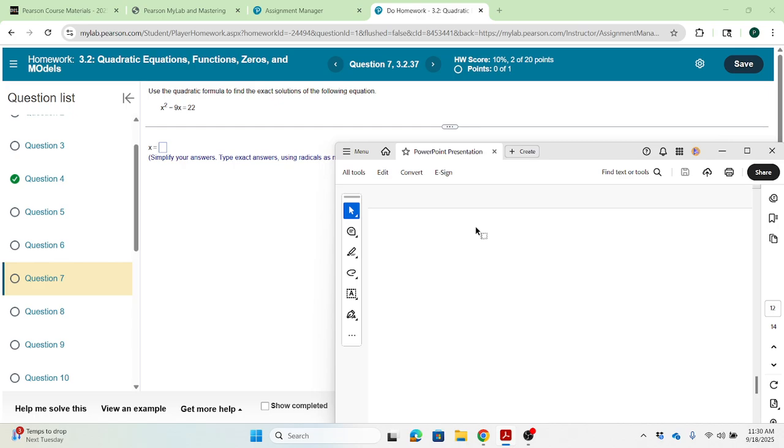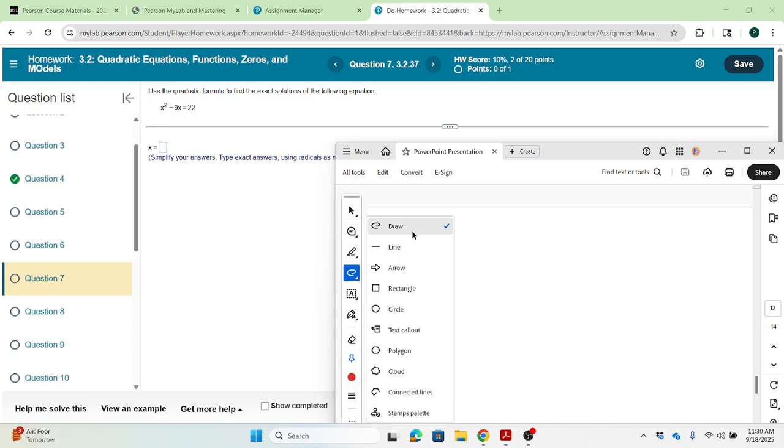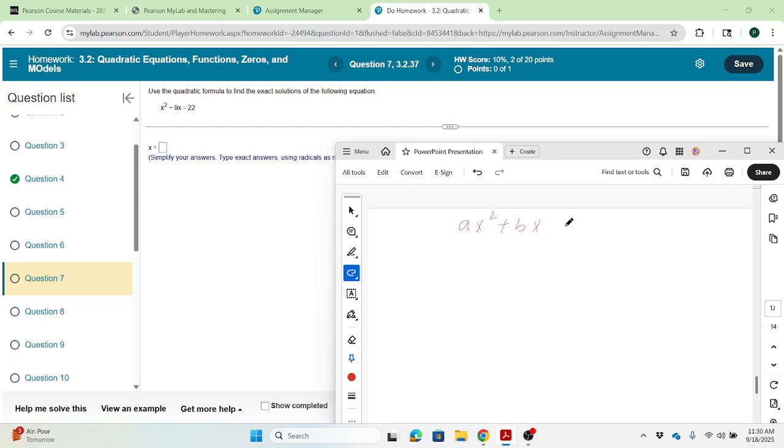So I'm going to write down the formula here. If you have a quadratic equation ax square plus bx plus c equals 0, then the solution of this equation is x equals negative b plus and minus the square root of b square minus 4 times a times c, divided by 2 times a.